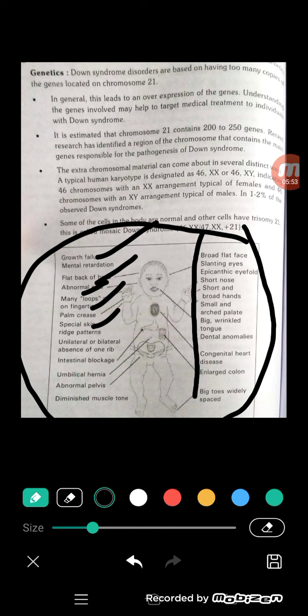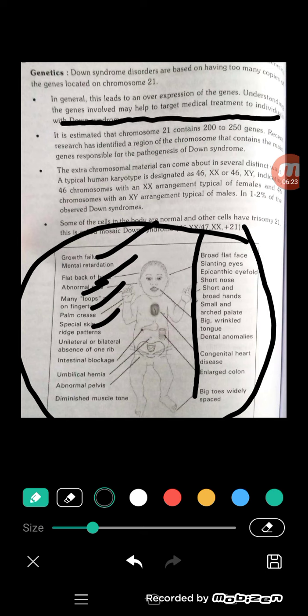These are all genetically determined. Down syndrome is based on having many copies of genes located on chromosome number 21. It also leads to mutation, which means sudden changes in the genetic sequence. In general, it leads to overexpression of genes. Understanding the genes involved may help target medical treatment.